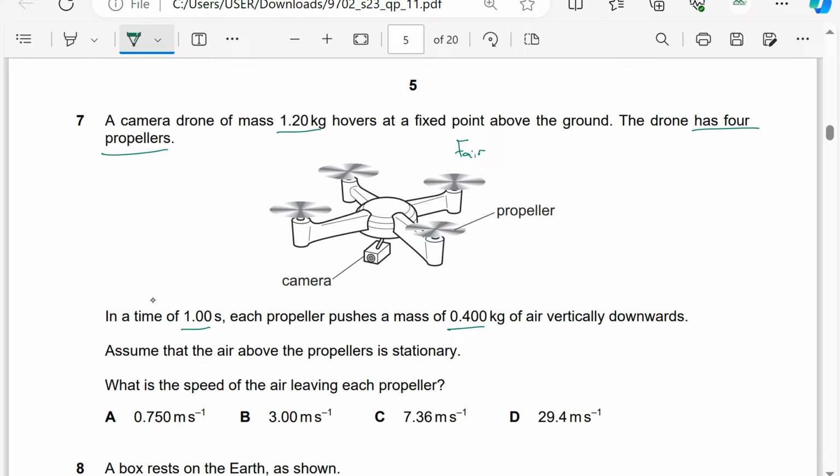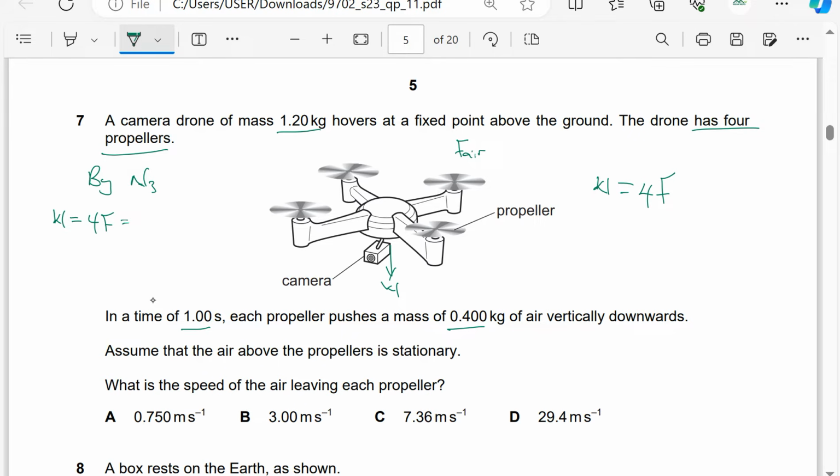So in equilibrium, it means the weight of the whole object W, which acts downwards, should be equal to the total force of the air from the propellers upwards, which I'll say equals 4 times F. So by Newton's third law, we normally write N3 to mean Newton's third law, the weight W is equal to 4 times that force.